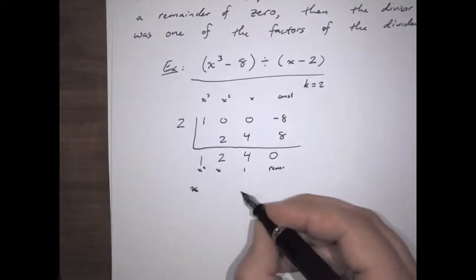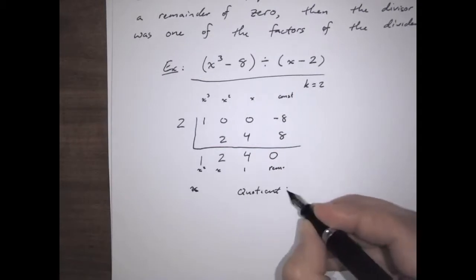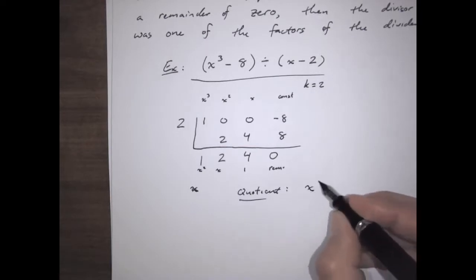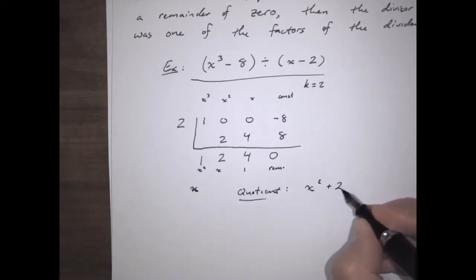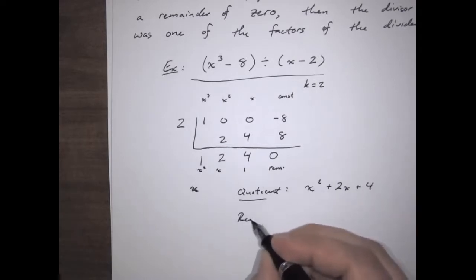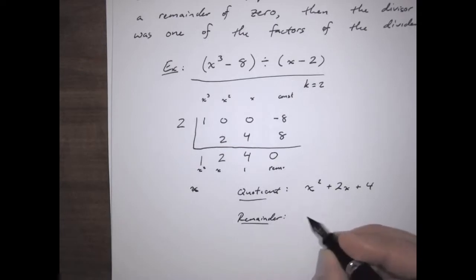So it's going to give us a quotient of 1x squared plus 2x plus 4, and a remainder of 0.